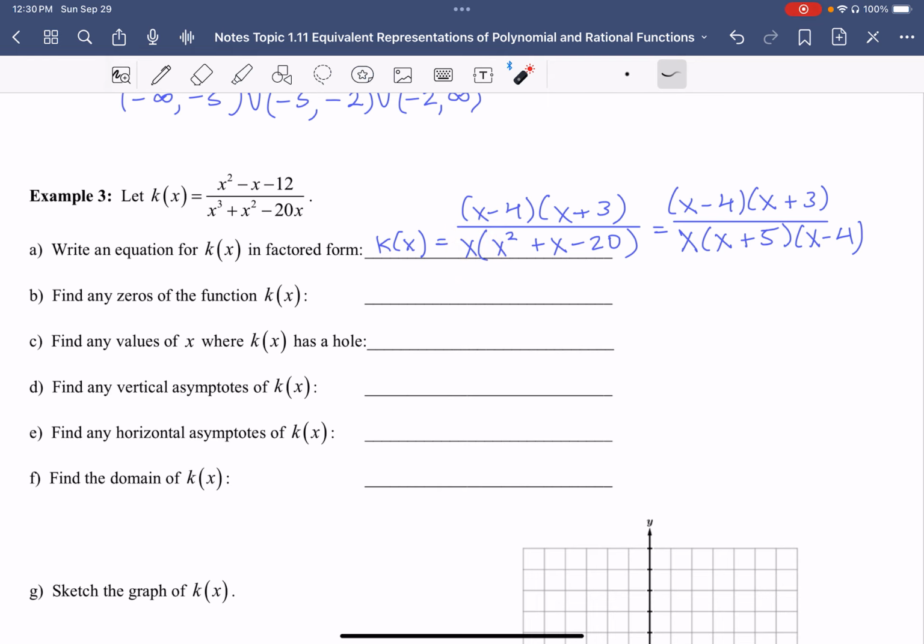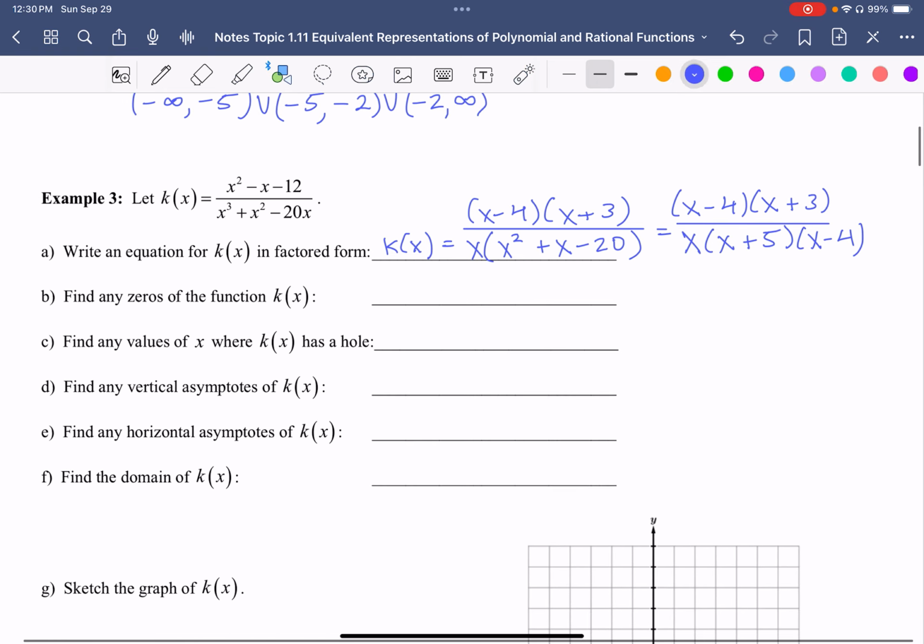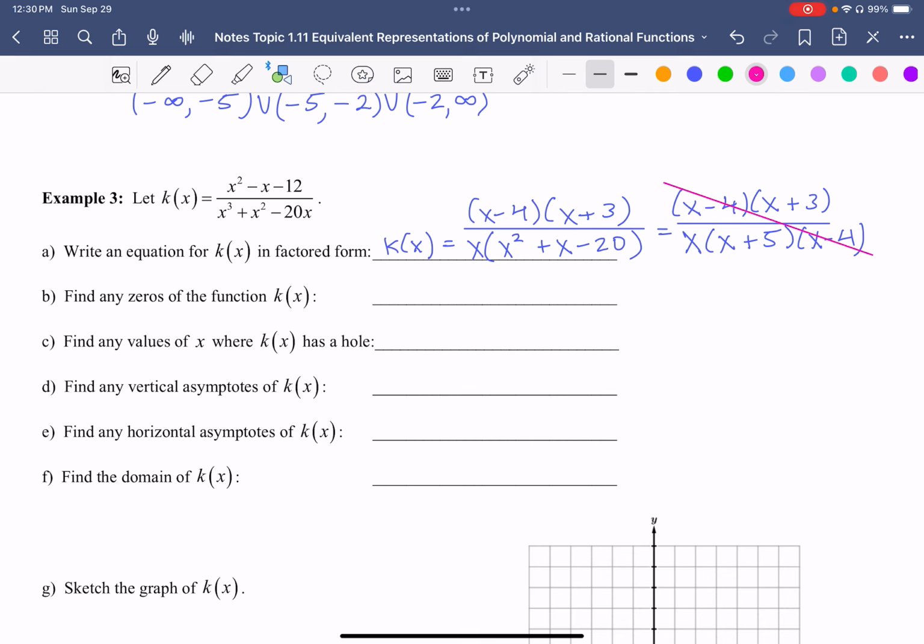A lot of mistakes that some kids are making is that they'll do the greatest common factor, but then they won't carry it with them. Okay, so make sure that whatever you take out, you take it with you. And then I see that x minus 4 and x minus 4 cancel out. So the most simplified form of k of x would be x plus 3 divided by x times x plus 5.